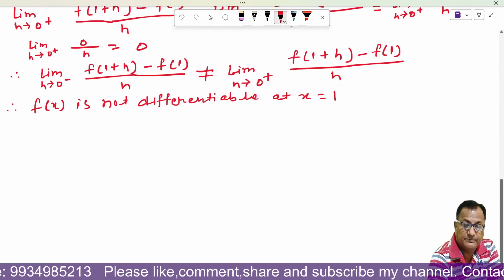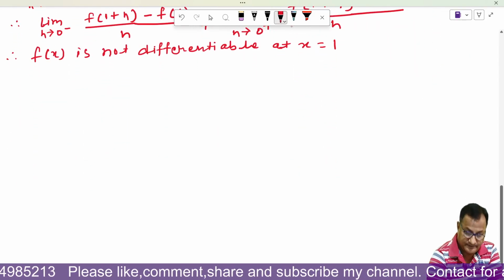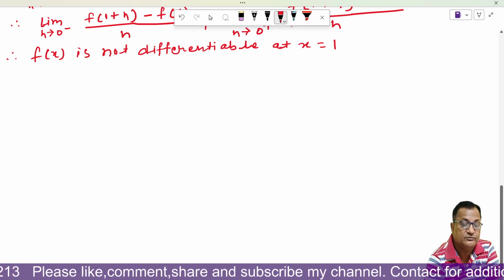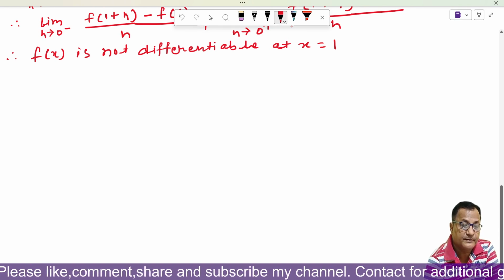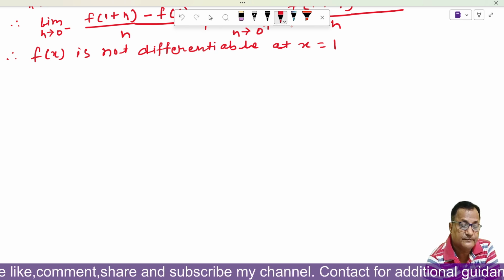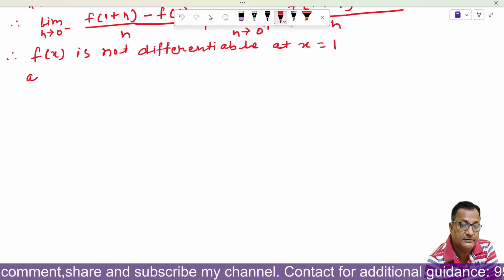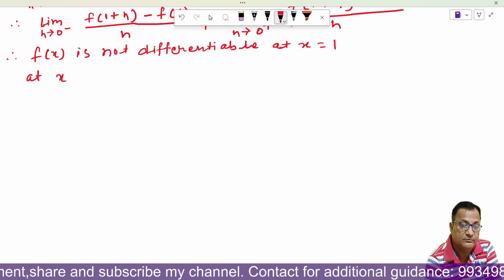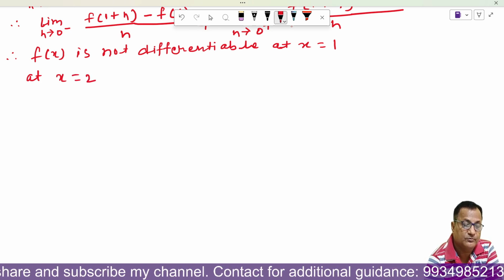Similarly, we can prove it is not differentiable at x = 2.